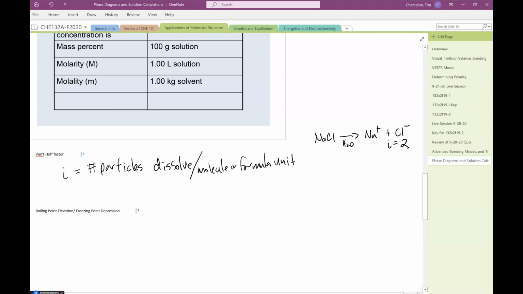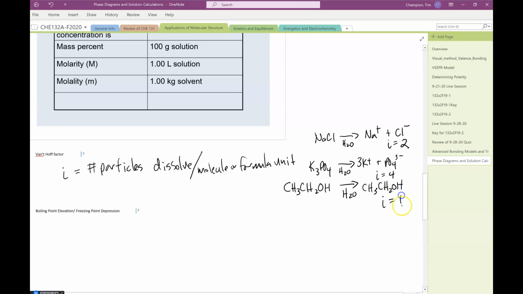If I have something like potassium phosphate and I dissolve that in water, I'm going to get 3 potassium ions and a phosphate ion, and in this case i would be equal to 4. If I have something like, let's say ethanol, CH3CH2OH, and I dissolve that in water, I'm simply going to dissolve up ethanol molecules.